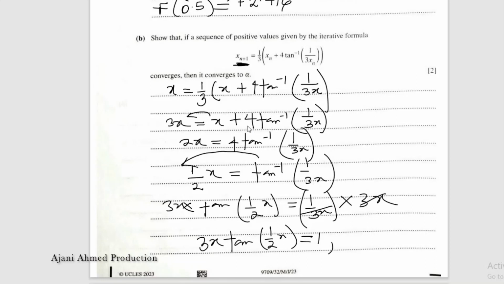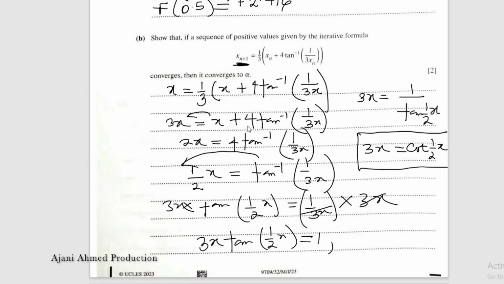So hence the equation can also be written as 3x equal to 1 over tan half x. What I'm trying to do is prove back to the original question. At the end of the day, 3x equal to 1 over tan half x gives us cot half x. This is what we are asked to show, that it converges to alpha, the original equation. That's the meaning.